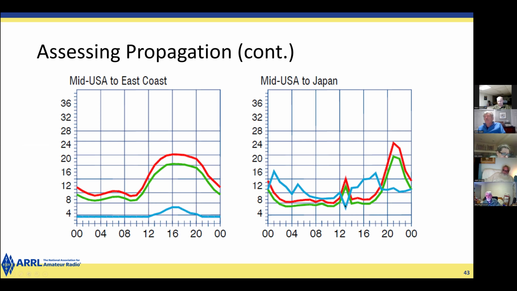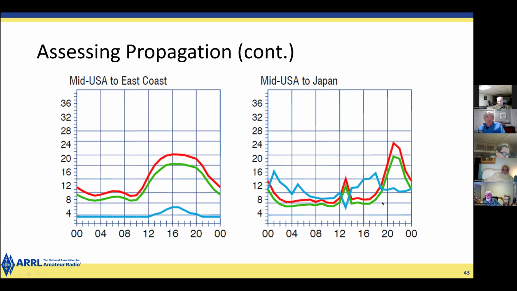Between the green and blue lines here, for maybe an hour or less, 40 and 30 meters might be open when it is late morning in the US and the middle of the night in Japan.